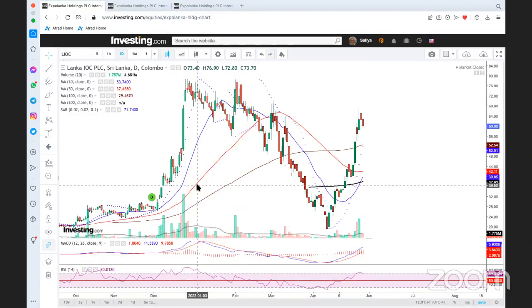Then you have the other main counters. What are they? Mostly Haley's is there. Then the rest are like the plantations or some of the other counters which can survive in this challenging period. That's why we have only a small fraction of the entire market being traded today.